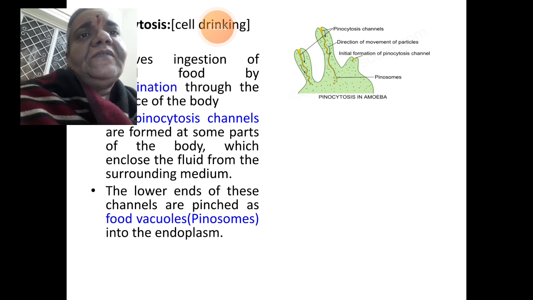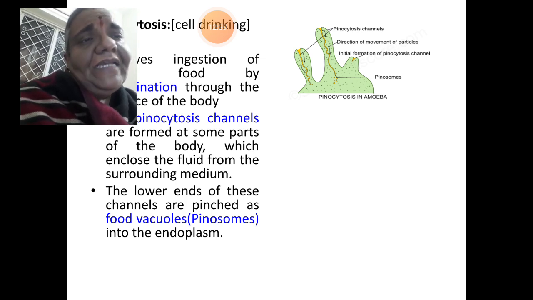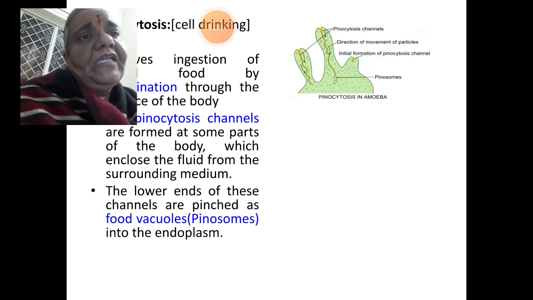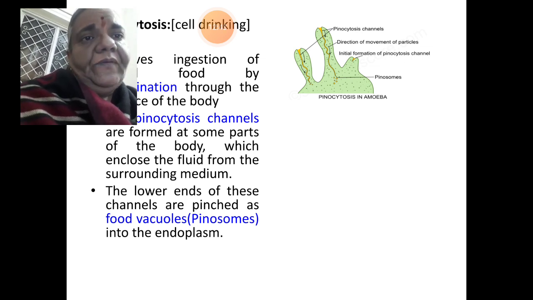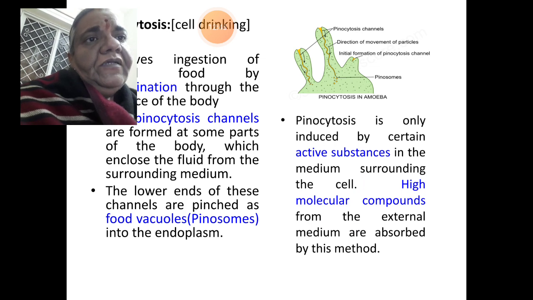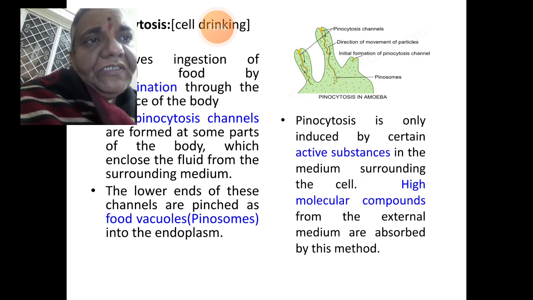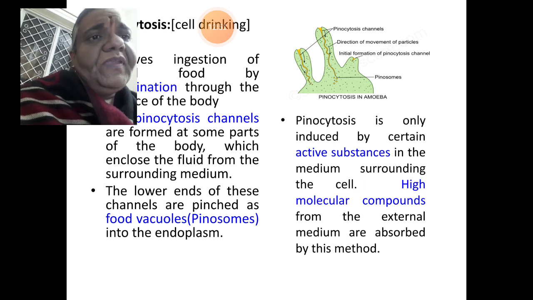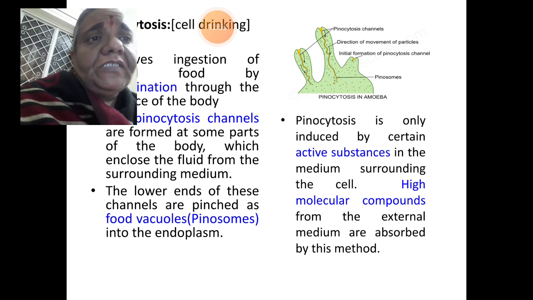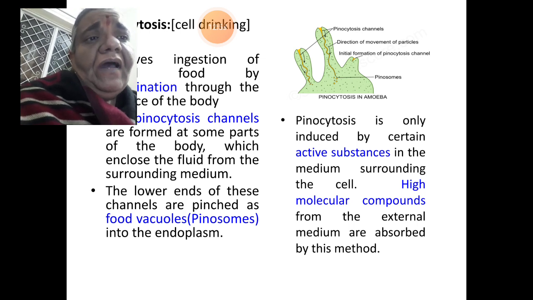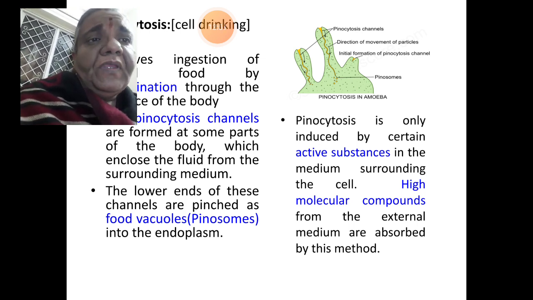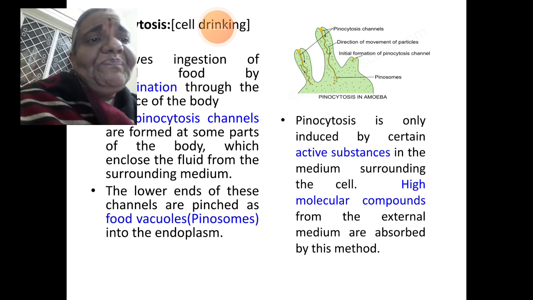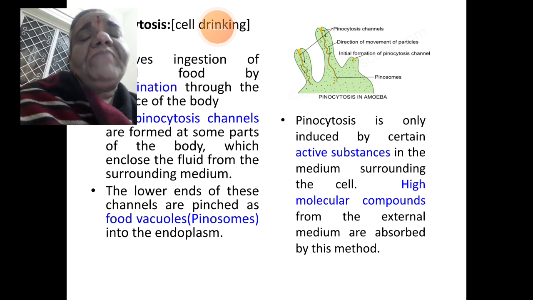So this pinocytosis is a typical process to take in some special types of molecules into the cell. Okay. Then, pinocytosis is induced by certain active substances, not all, present in the medium surrounding the cell, namely high molecular compounds from the external medium are absorbed by this method.